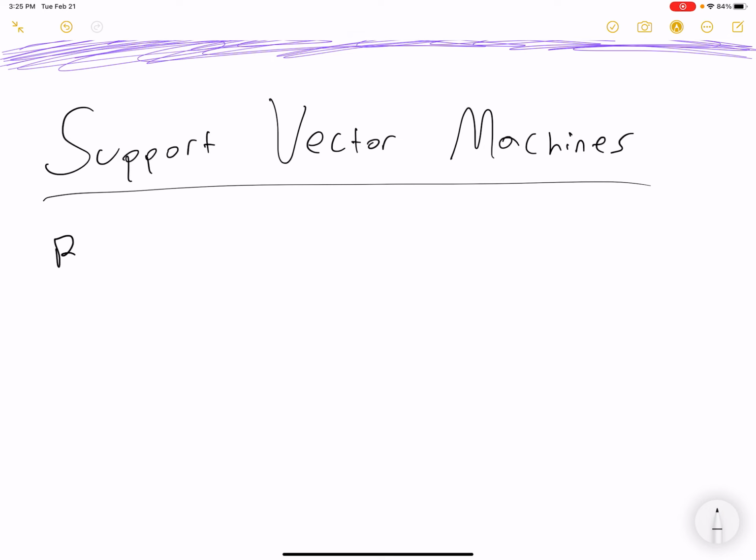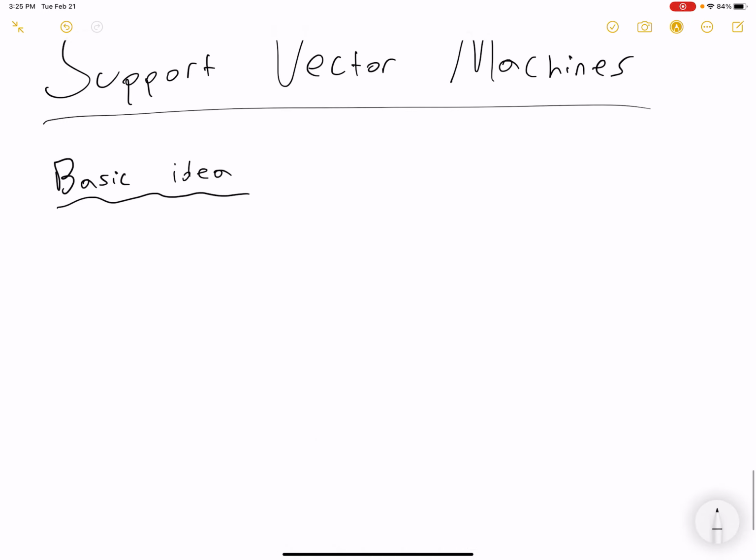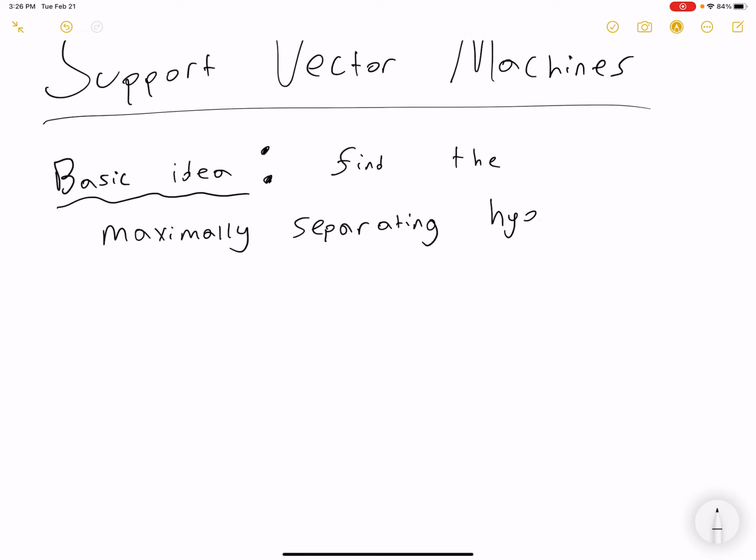And the basic idea of support vector machines is relatively simple. The basic idea is to explicitly find the maximally separating hyperplane.